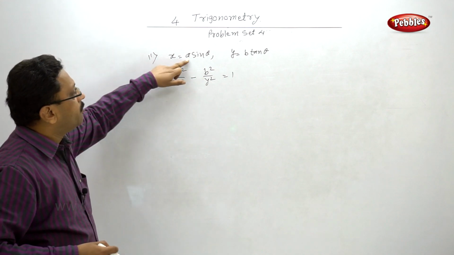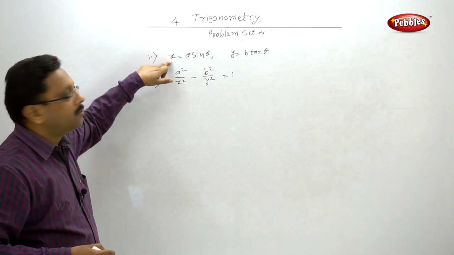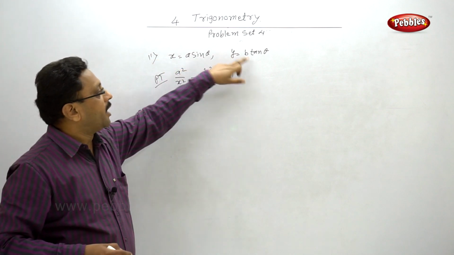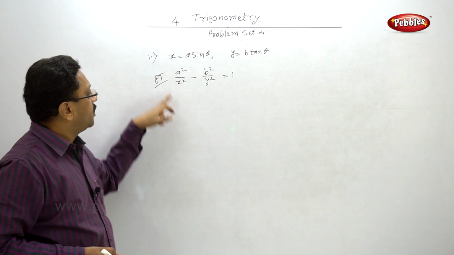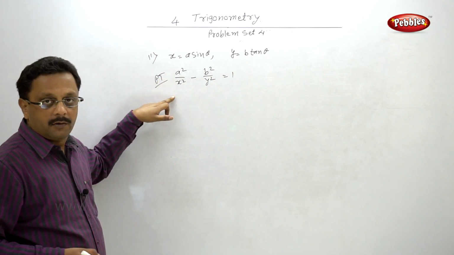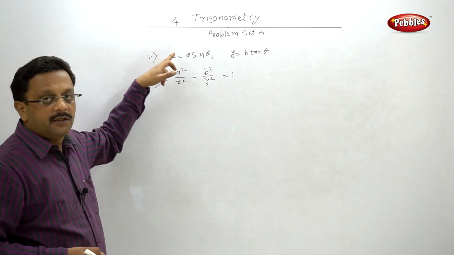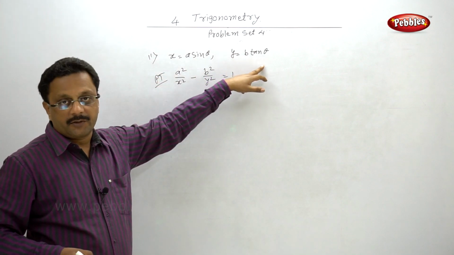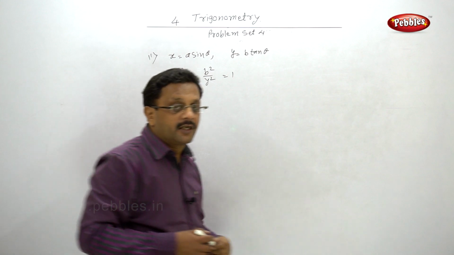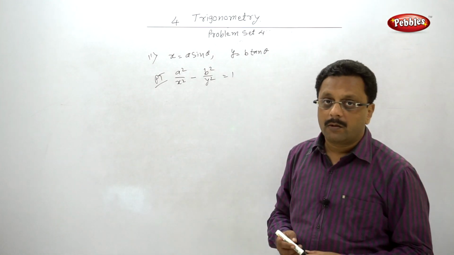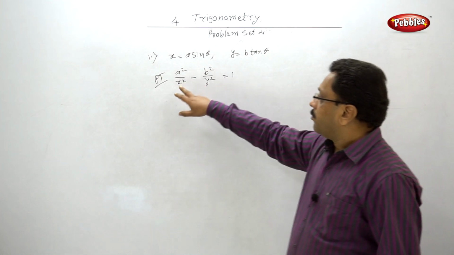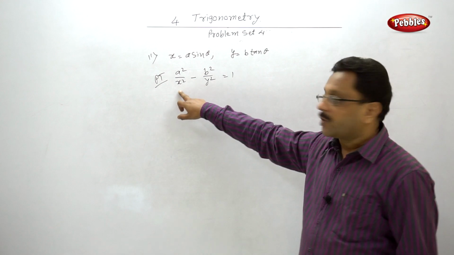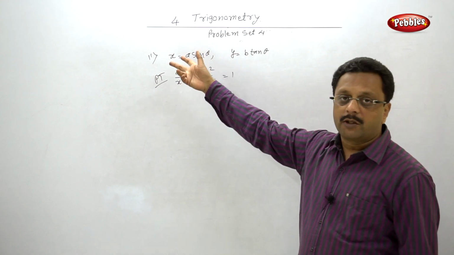So x upon a equal to sine theta. What is y upon b equal to? Tan theta. What we have here, a upon x. So a upon x is cosec theta and b upon y is cot theta. Now we know the relation, cosec theta and cot theta relation we know, correct? But we want square here, so square both the sides.